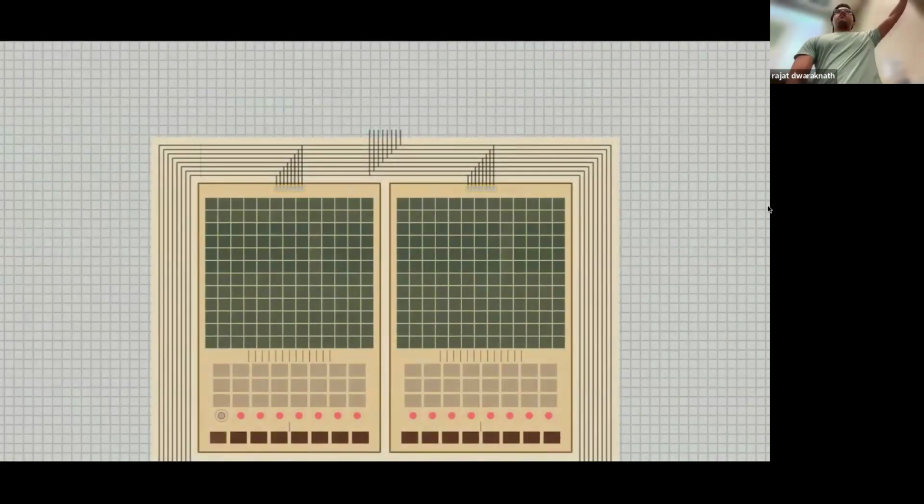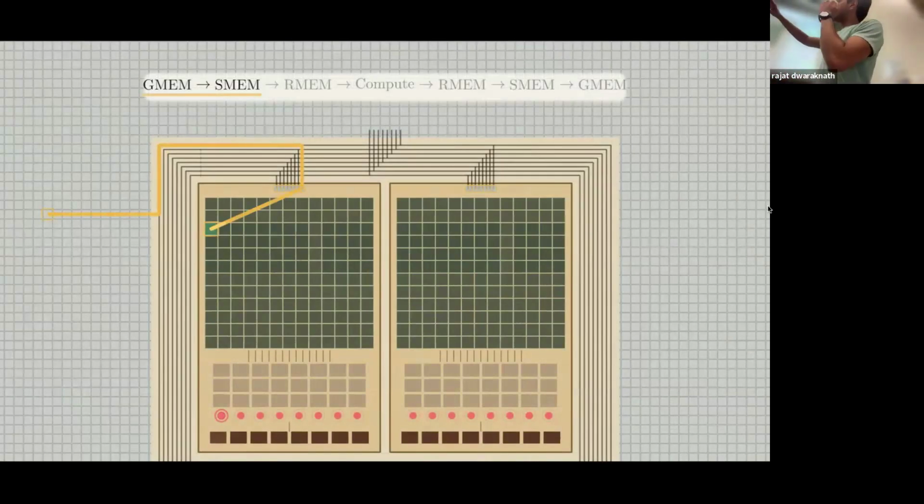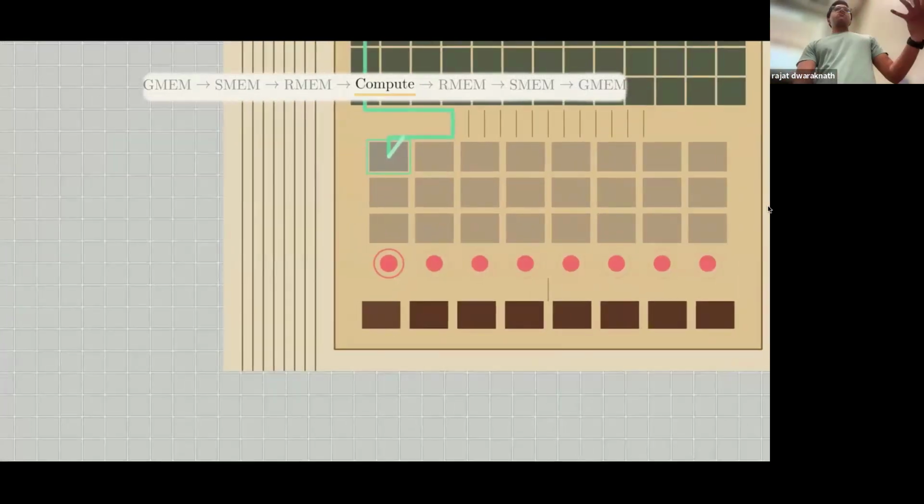So now if we go back to that input, compute, output cycle, how would that look on this GPU? Well, first, you're going to move stuff from global memory to shared memory, right? Then you'll move it from shared memory to registers. Once you have your input data in the registers, you can actually do the compute, and the output of the compute still lives in your registers.